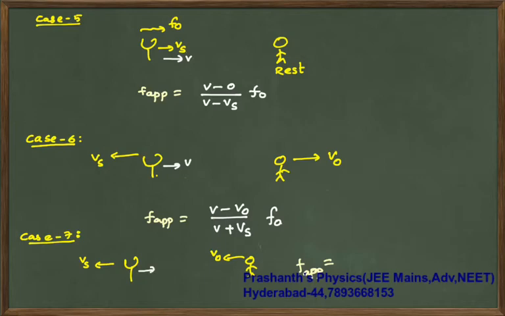Obviously, your sound wave will always travel towards the listener. So, your apparent frequency will be V plus V naught by V plus Vs into F naught, because they are traveling in opposite direction. Hope you have copied it down.